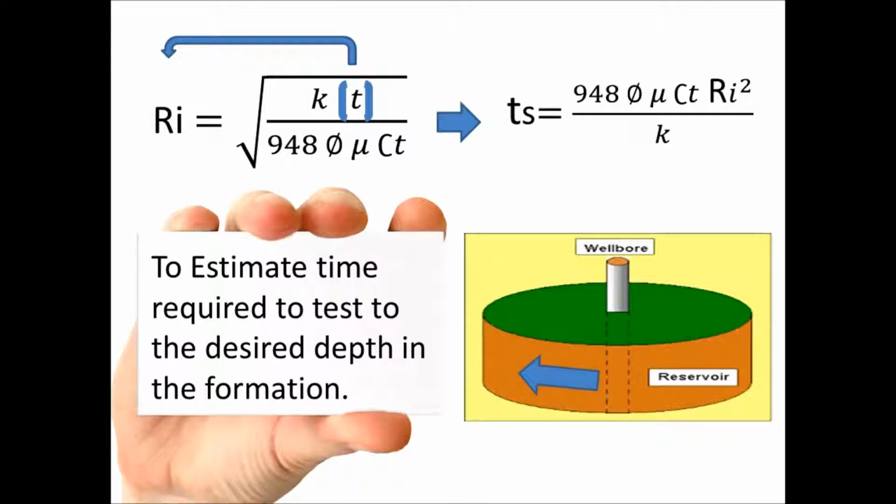From this equation, we will get the specific time for a specific radius which we input into the equation. The ts in the equation means the time required for stabilization, whereby there is no pressure disturbance inside the reservoir.